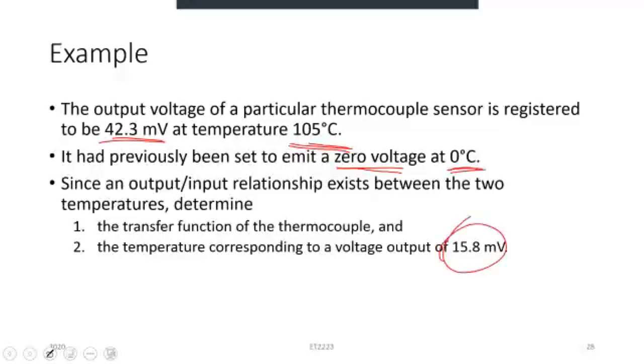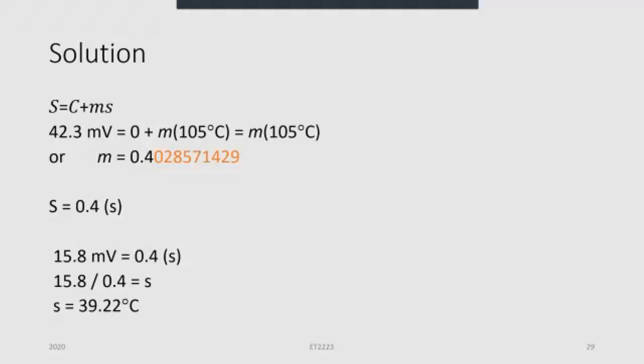If we want to find the temperature when the observation is 15.8 millivolts, we can use that equation, substitute the values as we know, and calculate the constants and all these values. It's basic arithmetic, there's nothing complicated there, but this is how you may do conversions depending on the type of sensors that you're using.